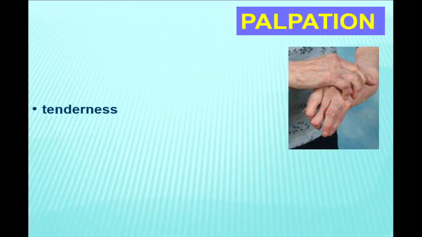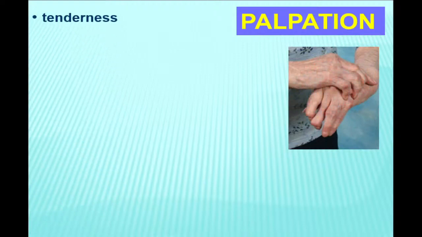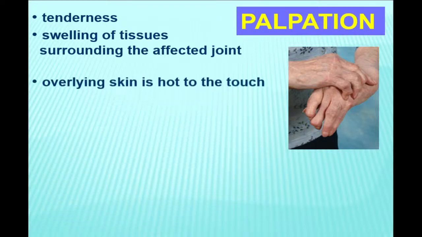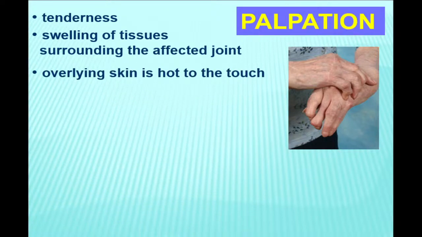On palpation, first of all, we'll check the intensity of pain and tenderness. We can palpate joints to reveal swelling, deformation or disfiguration. We'll assess the overlying skin, which becomes hot on touching during inflammation.